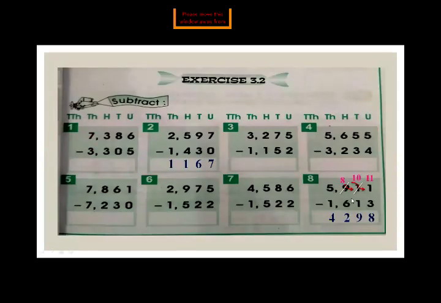I am repeating question number 8. Listen to it carefully, because this is a borrow question. 5,911 subtracted from 1,613. Now you see that coming to the ones place, 1 is smaller than 3, and in subtraction you must see that the upper digit must be bigger than the lower digit, but here 1 is smaller than 3.